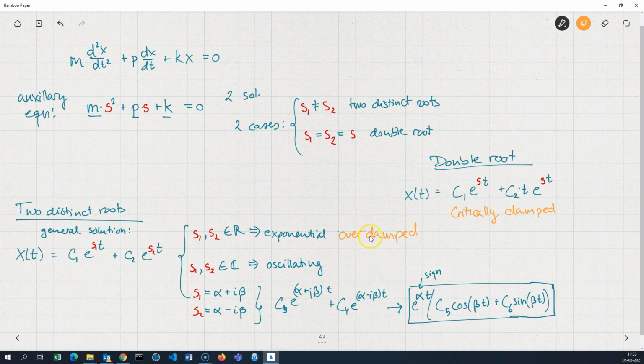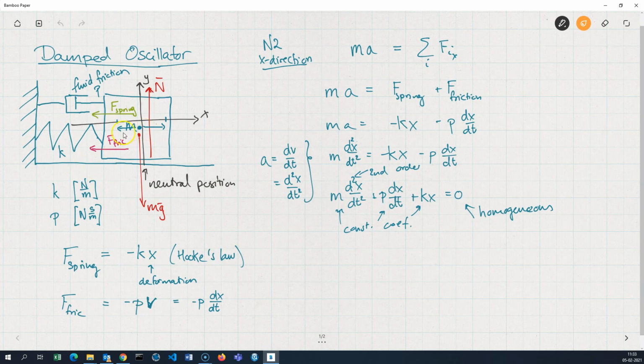So the damping is so great that the box will take longer time to retrieve the neutral position. Imagine there's a lot of fluid friction, so if I pull out the box, it will take a long time to go back to neutral position because the oil friction or whatever it is so strong that the box moves slowly back to neutral position.